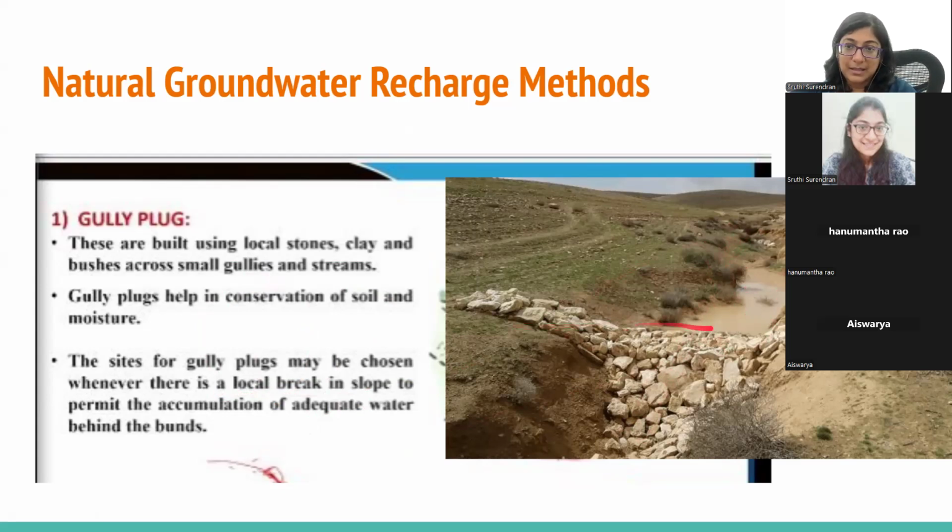In places like these, such structures are built which help in accumulating water and recharging the groundwater in such locations. Local stones, clay and bushes across small gullies and streams are the materials with which these gully plugs are made, all of which are available locally.